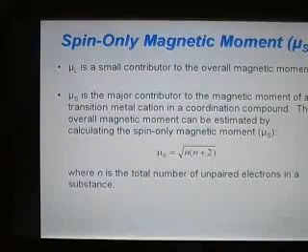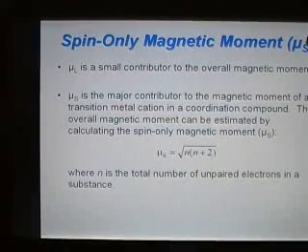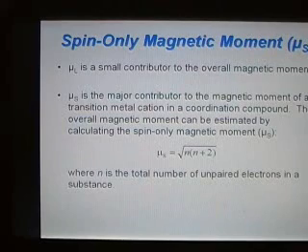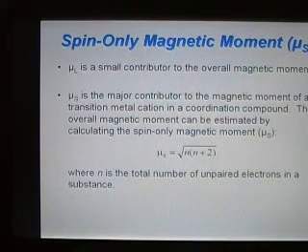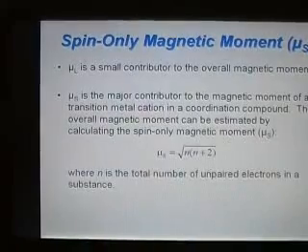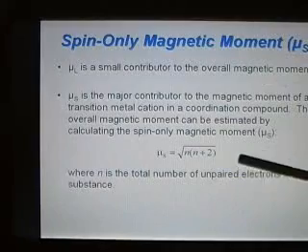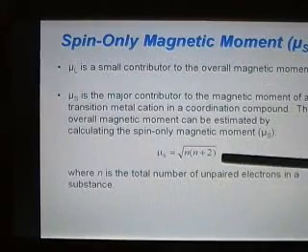So, like I said on the last slide, we can focus on the spin-only magnetic moment because it is the major contributor to the overall magnetic moment. The orbital component is very small. The spin-only magnetic moment, mu s, is calculated very easily.